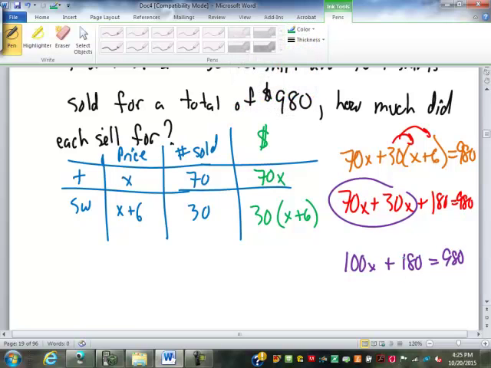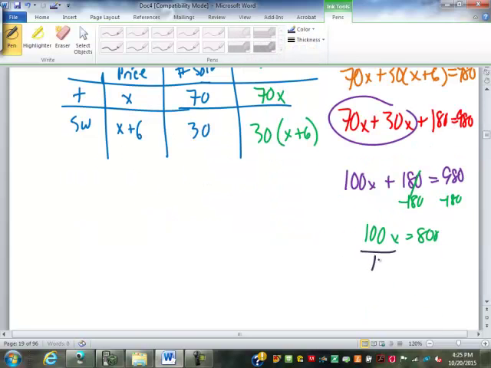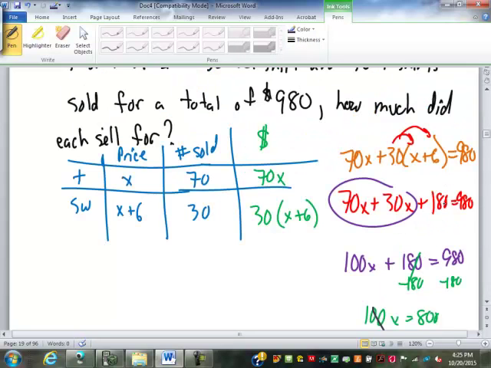And we'll subtract 180. 100x equals 800. And then divide by 100. x equals 8. And of course, that's not the end.